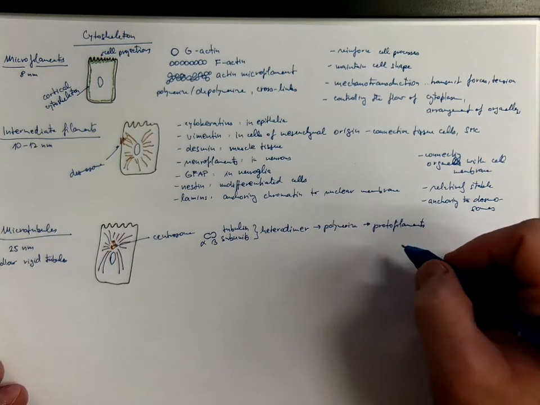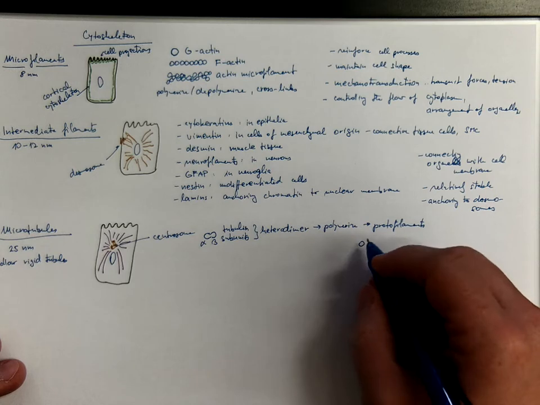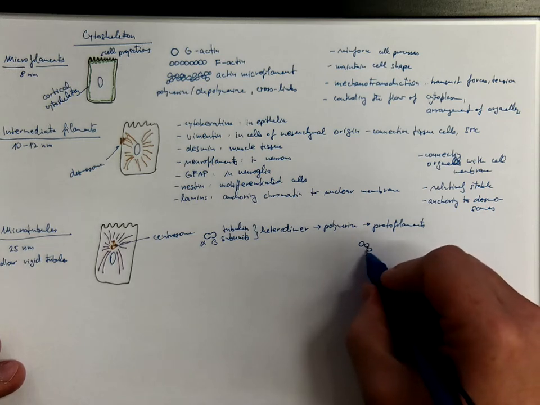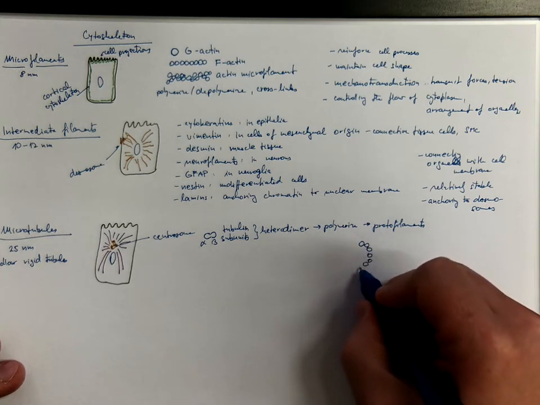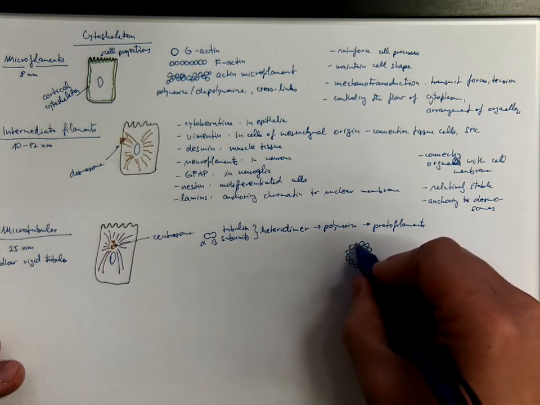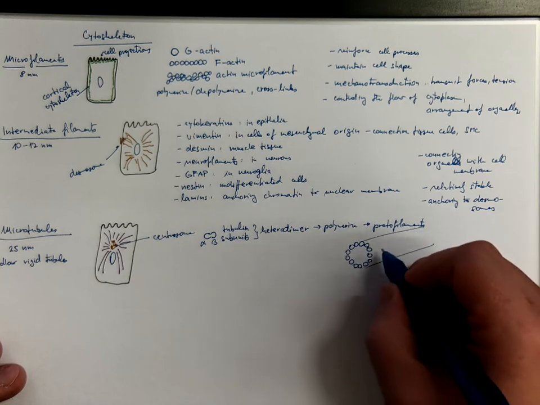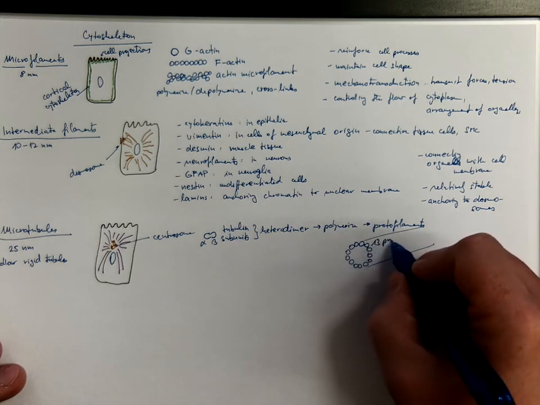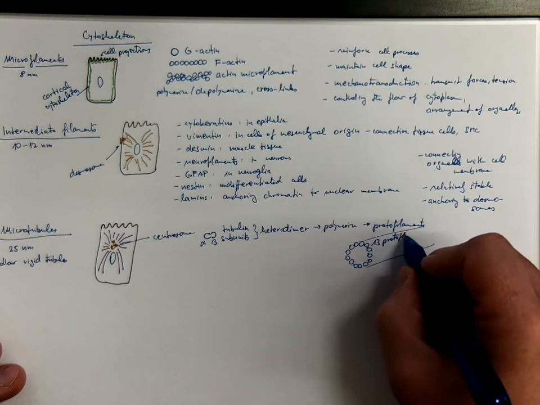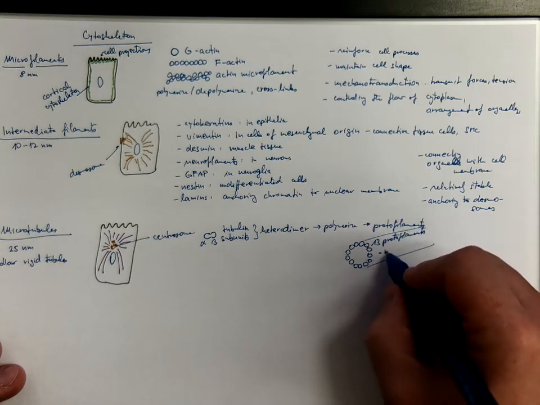And these protofilaments are organized into microtubules. So usually there are 13 protofilaments, 1, 2, 3, 4, 5, 6, 7, 8, 9, 10, 11, 12, 13. So there are 13 protofilaments that form the microtubule.